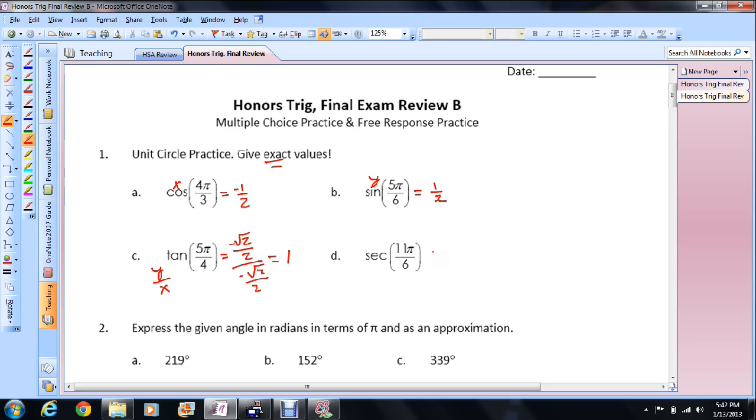Okay, moving on to probably the hardest and maybe the trickiest. Secant. Well, secant is just the reciprocal of cosine, so that's 1 over the cosine of 11 pi over 6. So if we substitute in what the cosine of 11 pi over 6 is, we get 1 divided by square root of 3 over 2.